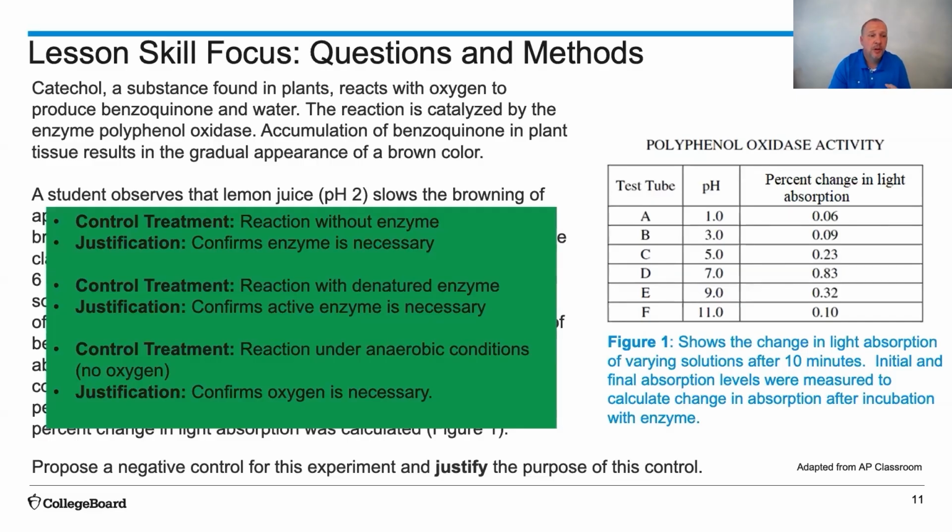One, reaction without an enzyme, which confirms the enzyme is necessary. Another choice would be reaction with denatured enzyme, which confirms that active enzymes are necessary. And then finally, reaction under anaerobic conditions, meaning no oxygen, and it confirms oxygen is necessary for the reaction.